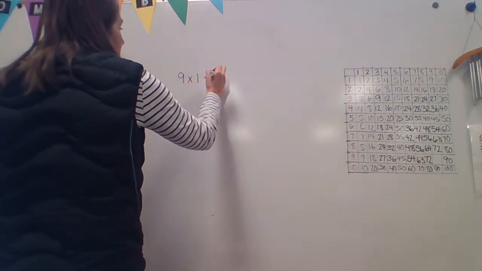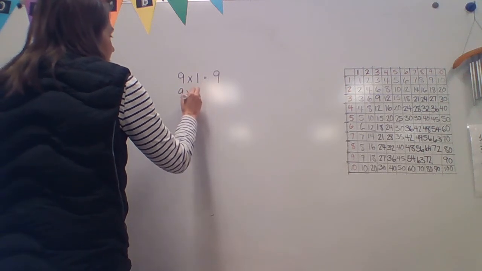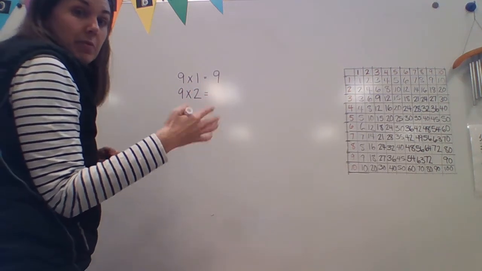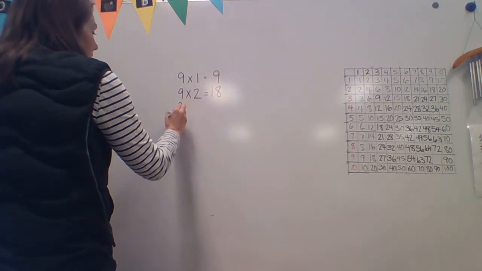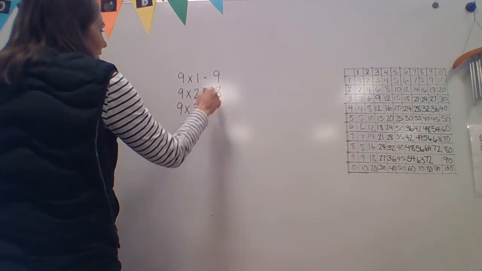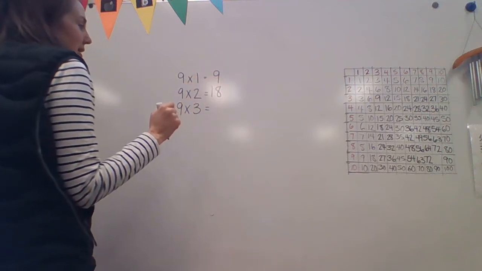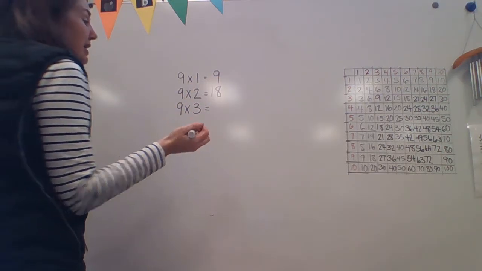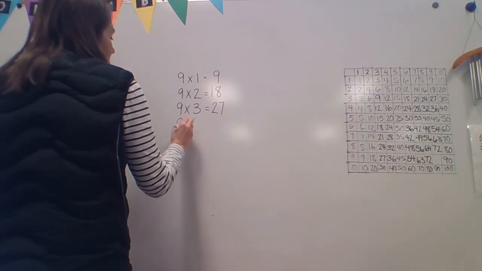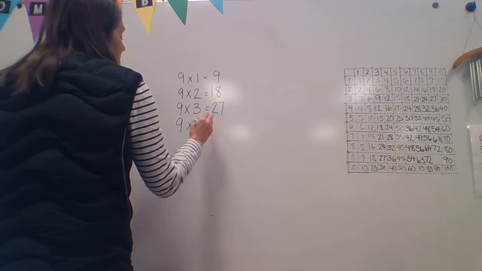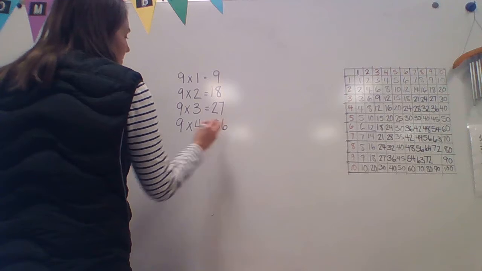So 9 times 1 is going to be 9. 9 times 2, we know that one already, that's double 9 or 18. 9 times 3, that would be like if I added these two and said I have 9 times 2, that's 18 plus one more group of 9, that's 18 plus 9, that's going to be 27. 9 times 4 is going to be double, so 18 2 times, that's going to be 36.